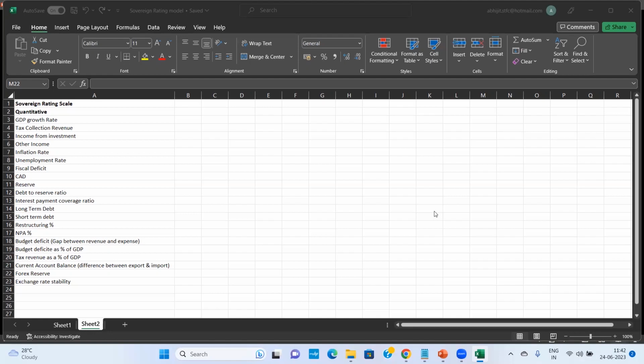No, Manish, not a correct one. The question is, how do I quantify exchange rate volatility or stability? Because whatever I am writing now is the quantitative aspect, quantitative parameters, which will determine my sovereign rating.